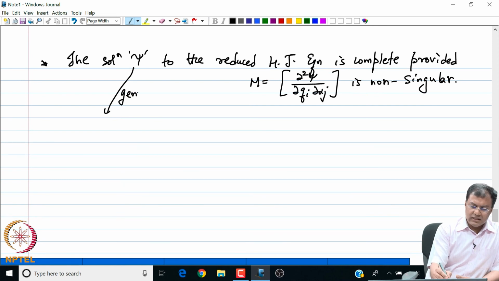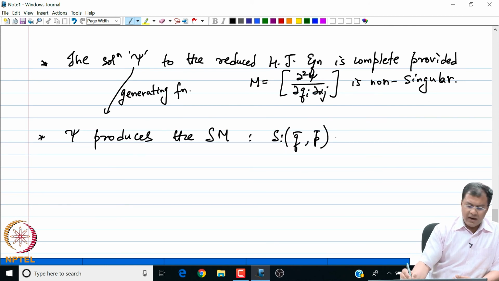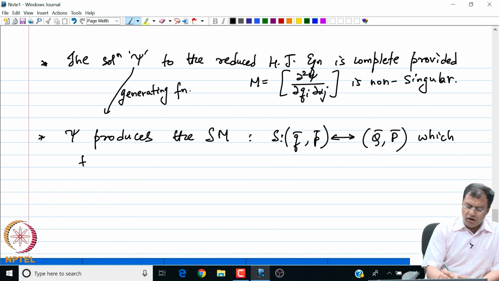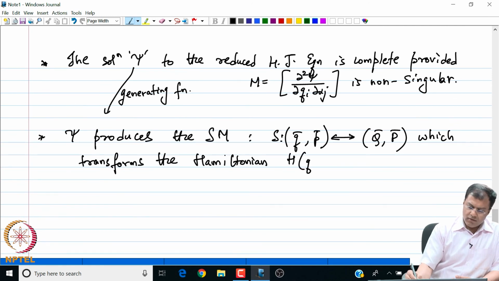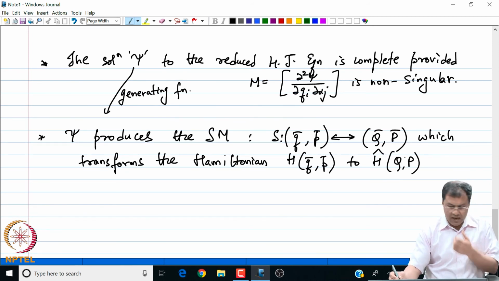So, this is our generating function to the reduced Hamilton-Jacobi, and so psi produces the required symplectic map, which is S from the original coordinate q bar comma p bar to the new coordinate capital Q bar comma capital P bar, right, which transforms the Hamiltonian, h of q bar comma p bar to h hat of q bar comma p bar, right.